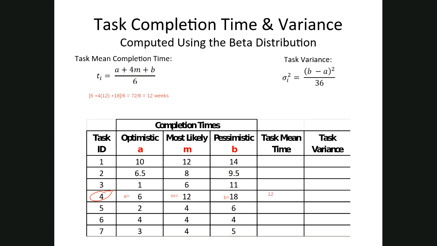And for our task variance, we're going to calculate the quantity B, which is 18, and subtract from that A, which is 6, and square that, and then divide that quantity by 36.